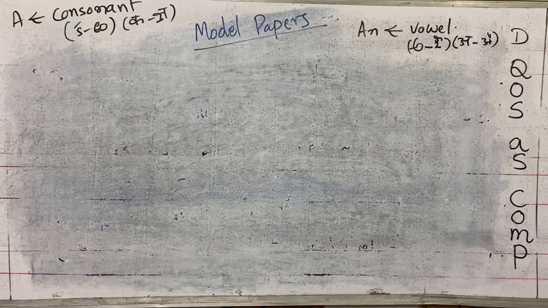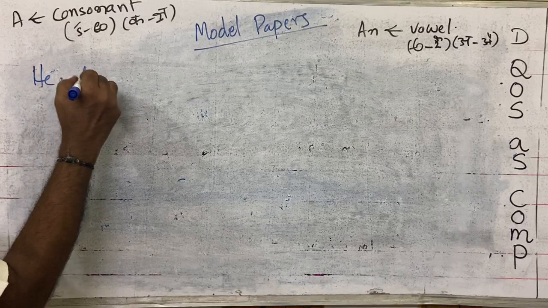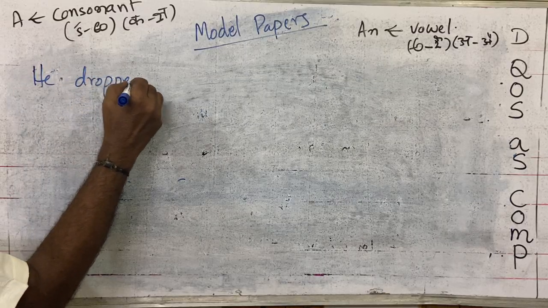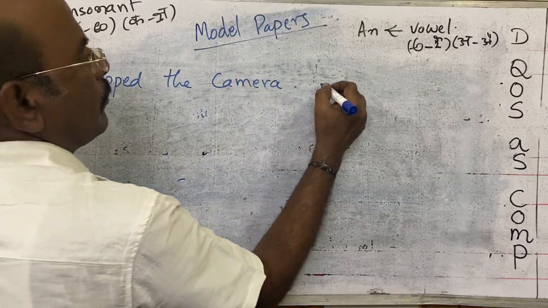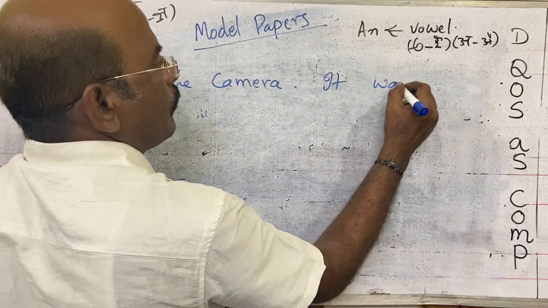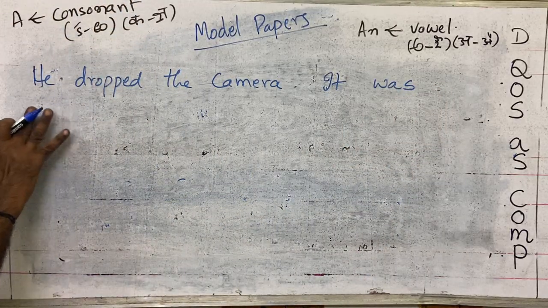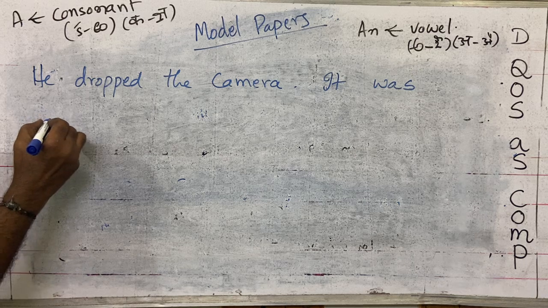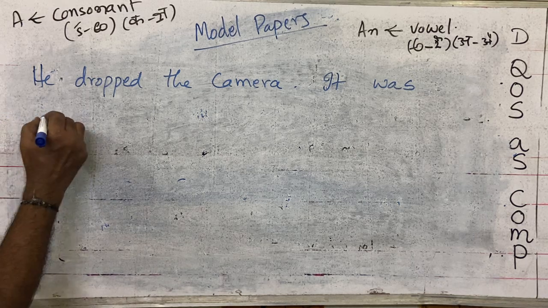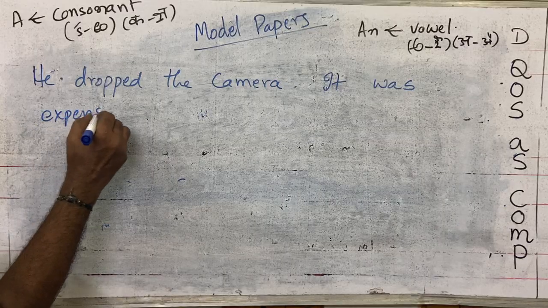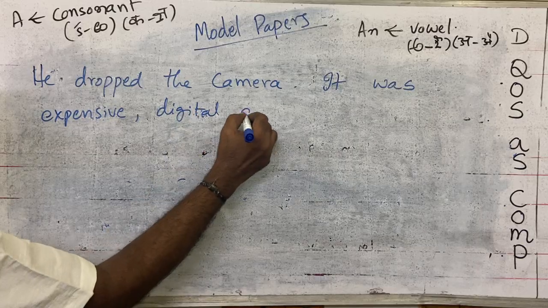Comma, digital, and imported. He dropped the camera. It was expensive, comma, digital.